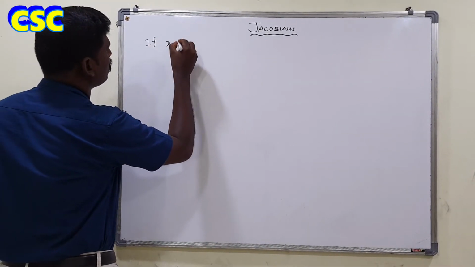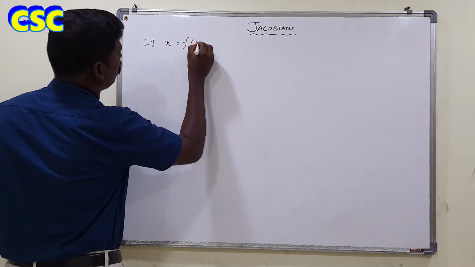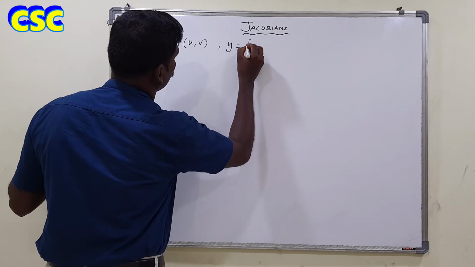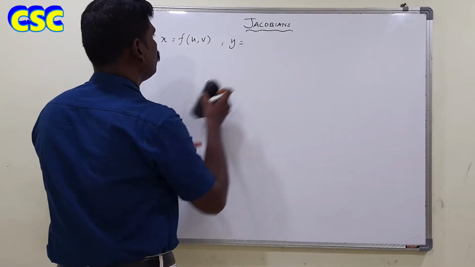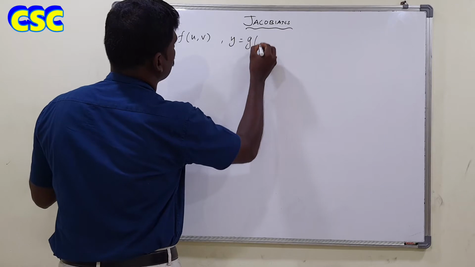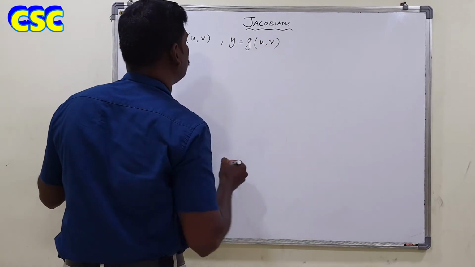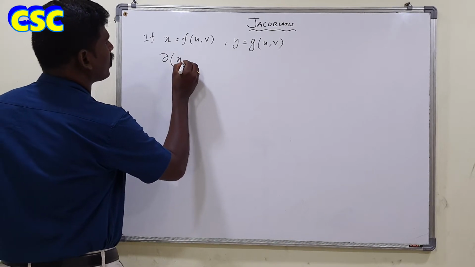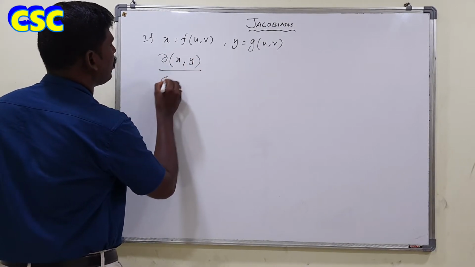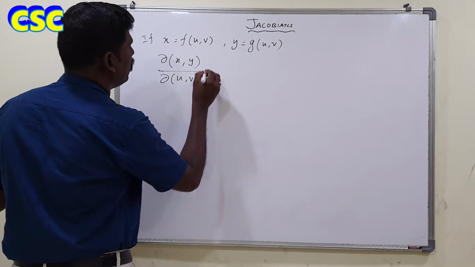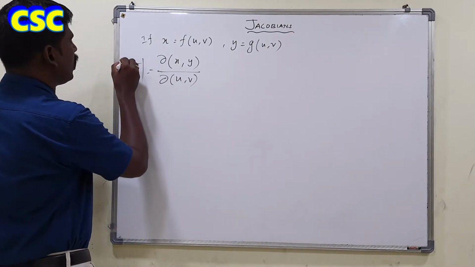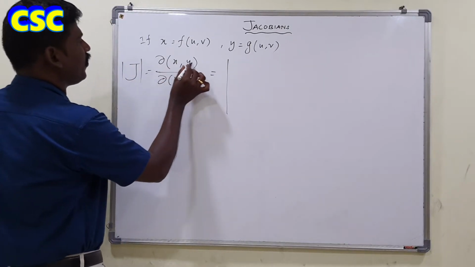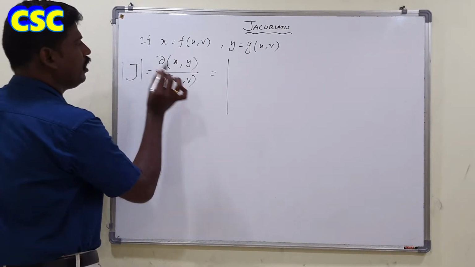For example, if x is a function of u and v, and y is another function of u and v, then we can find the Jacobian of x comma y with respect to u comma v. What is this partial derivative of x comma y with respect to u comma v?